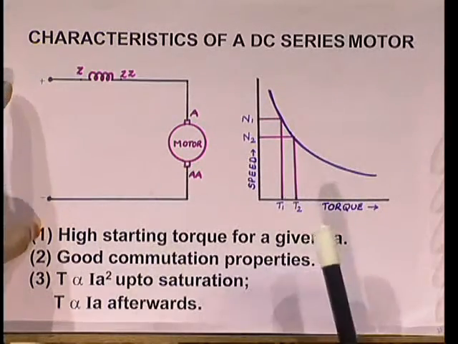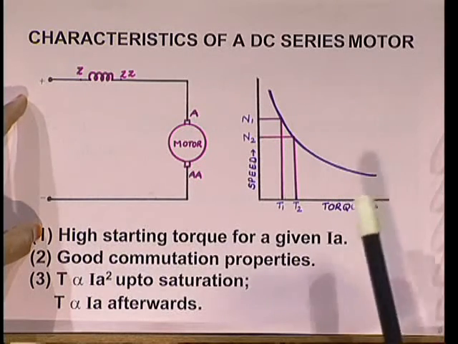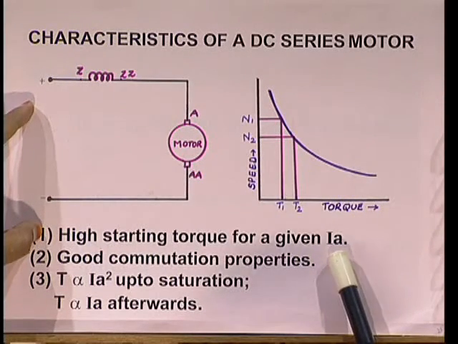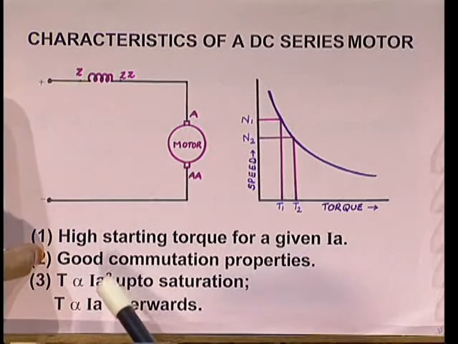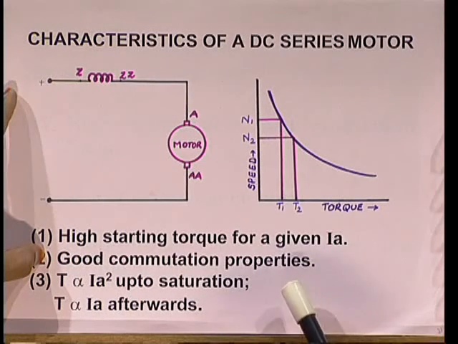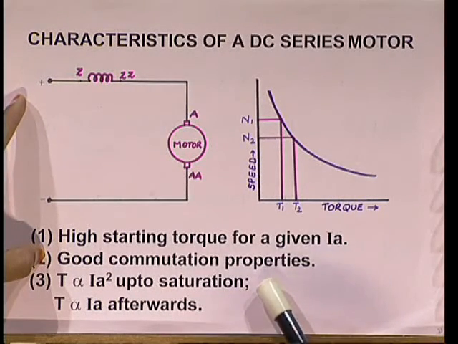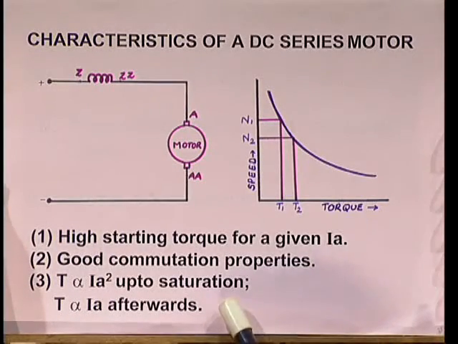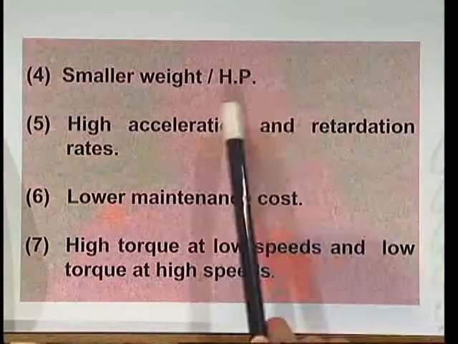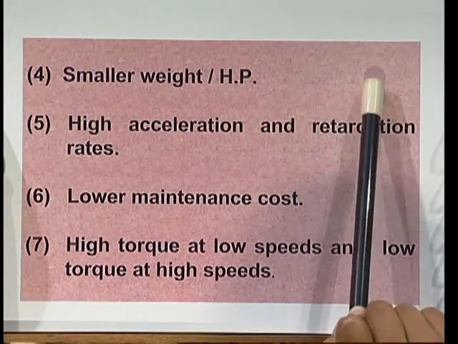The series motors have got very high starting torque for the given armature current. The torque is proportional to the square of the armature current up to saturation, and it is proportional to armature current afterwards. Also, the series motors have got good commutation properties. It has got smaller weight per HP ratio of the locomotive.